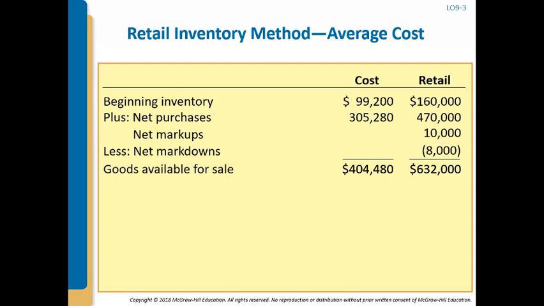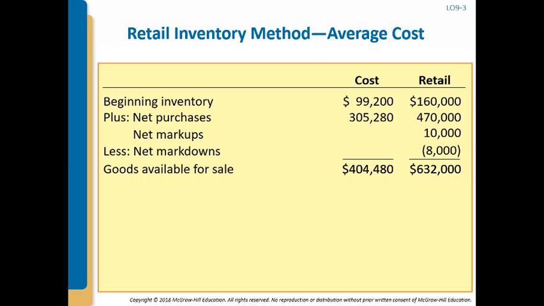And so you're going to include both the net markups and the net markdowns: the total of beginning inventory at retail, net purchases at retail, plus net markups at retail, and you're going to subtract net markdowns at retail.